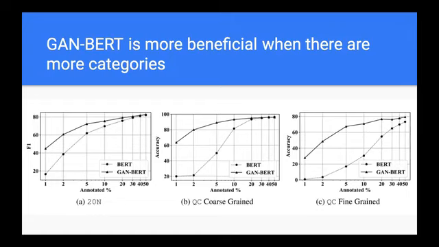And they suspect it's because of the fine-grained classification. When you have more classes, the complexity of the task is even higher. So that's when GAN-BERT will be more beneficial from the GAN methodology. You can argue that when a task is more complex, you need a better model architecture to gain better data efficiency.